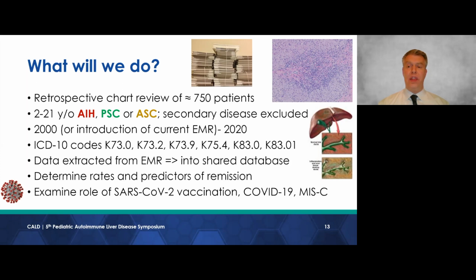We are going to query the EMR for 6 different disease codes that should, we think, capture pretty much all patients of interest, and then enter the data into a shared database using REDCap. We will then look at remission rates and try to identify predictors. We will also look at COVID-19, its severe form in children called MIS-C, and vaccination against SARS-CoV-2.